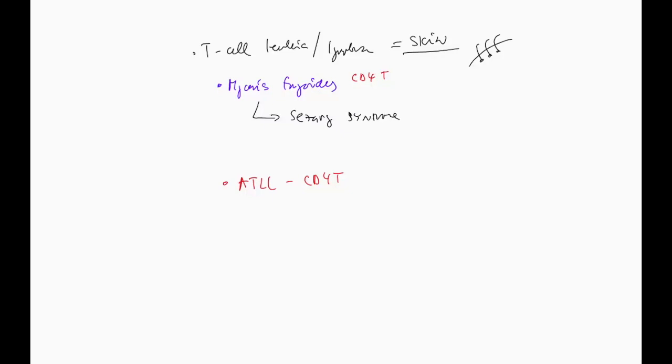It has Sézary cells, and these Sézary cells have a special type of nuclei which you call cerebriform nuclei, and that's in tests sometimes, because cerebriform means that the nucleus resembles a brain. So it resembles gyri. So remember Sézary cells, cerebriform nuclei.